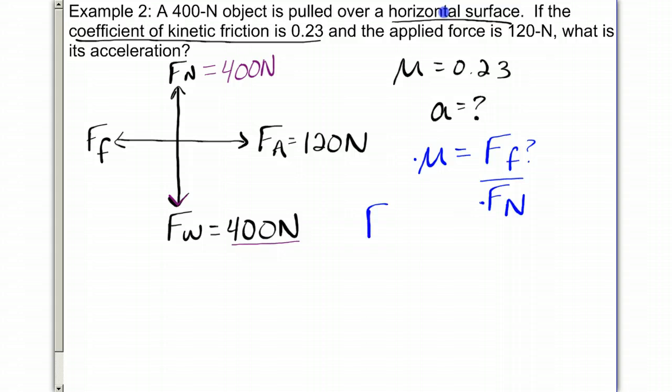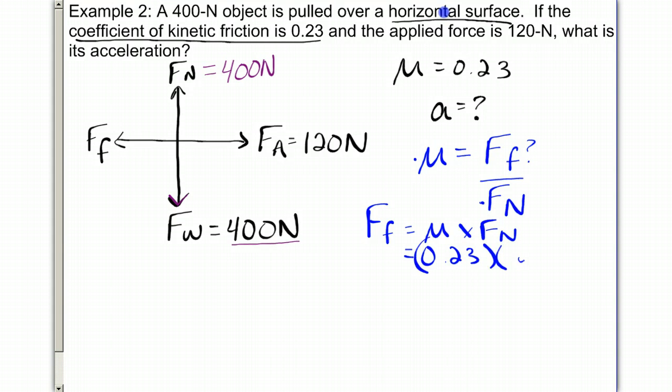So the frictional force is going to equal the coefficient of friction times the normal force, which is 0.23 times 400 newtons. That gives me a frictional force of 92 newtons. So this is 92 newtons.